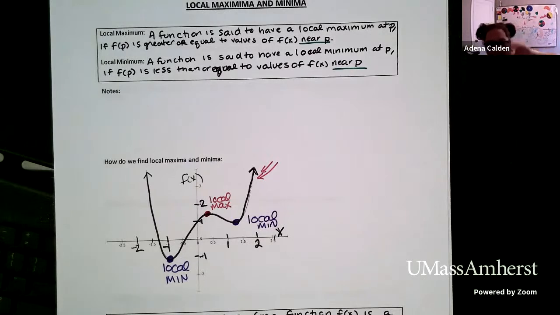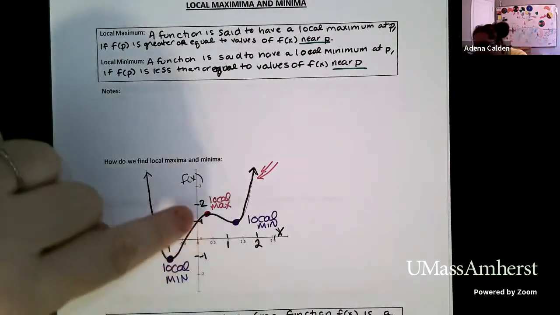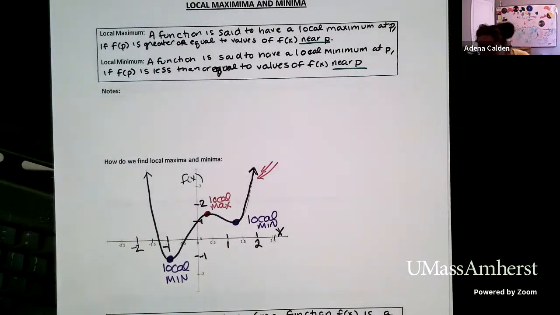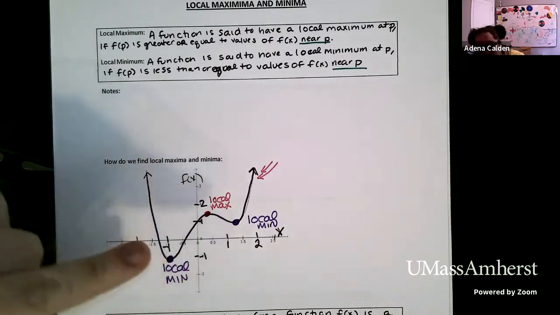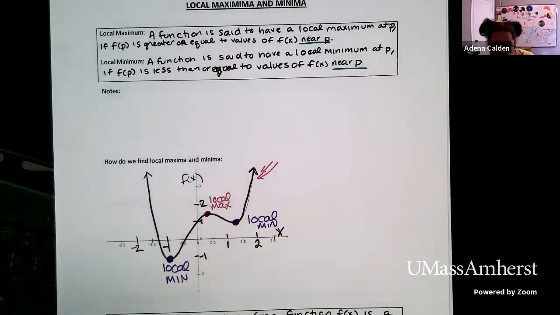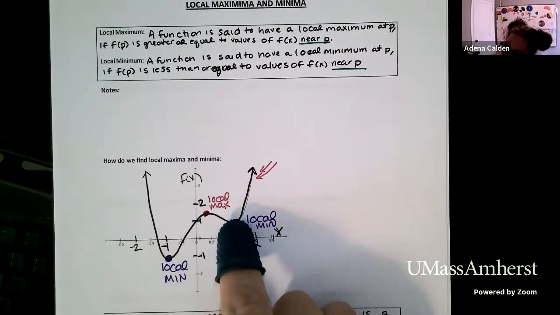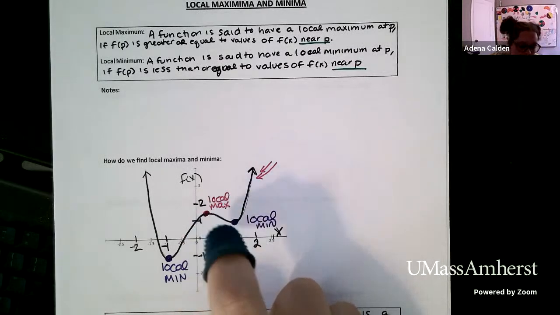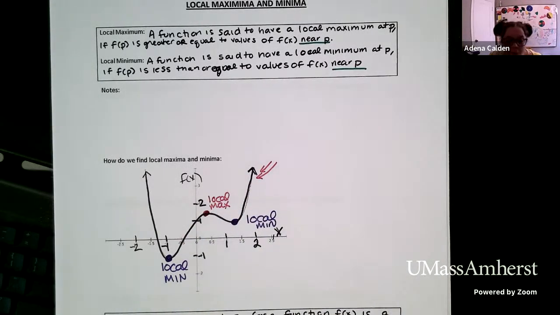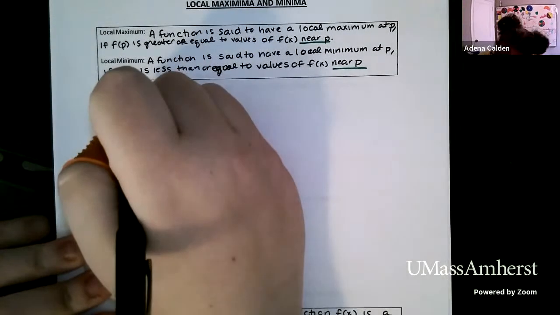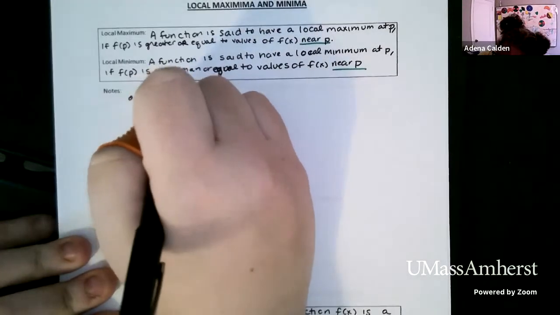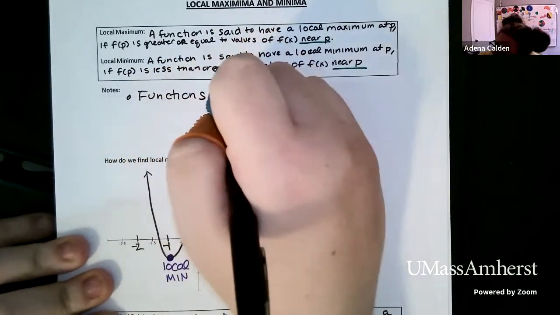If you imagine the graph had a hill, we're right at the top. That's a local max. And our local mins are at the bottom of a cup. If you imagine the shape of a graph is like a cup that would hold water, right at the bottom is where we have our local min, because it's the lowest point in the small area. Some special notes about local maxes and mins: functions can have more than one.